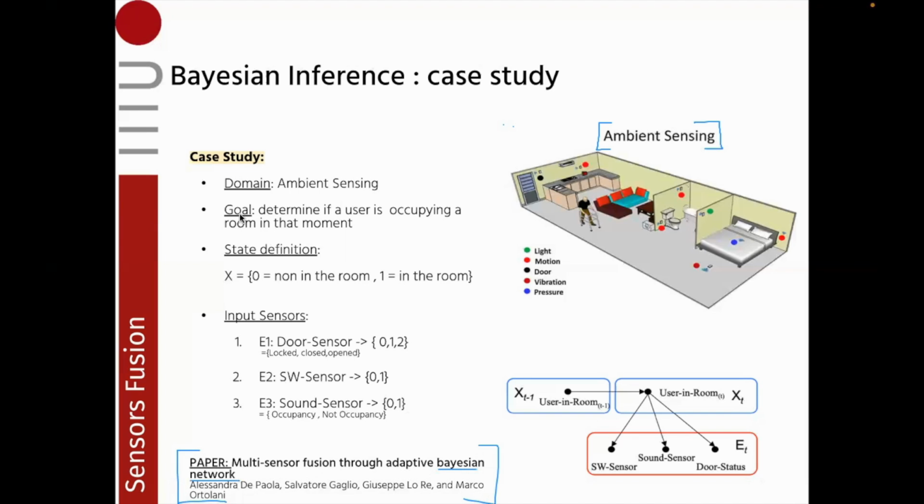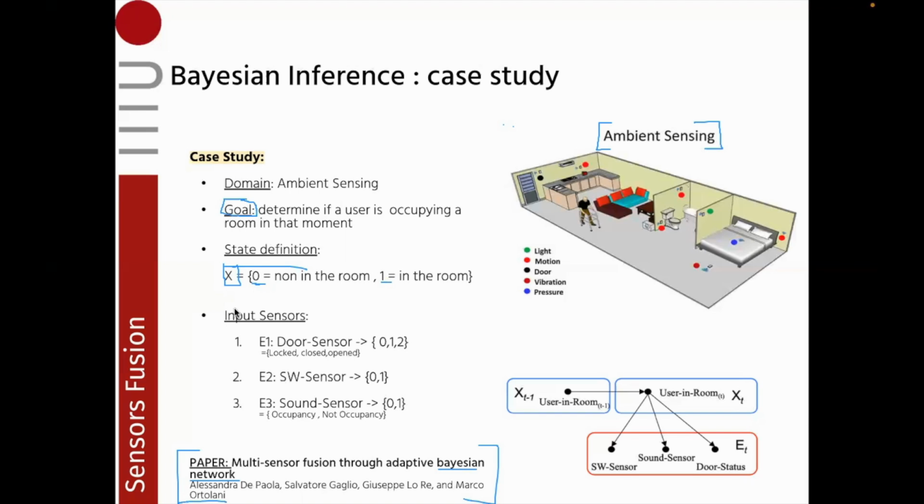The aim of the paper, the goal, is to determine if a user is occupying a room in a given moment. For this reason, this definition of the state is quite trivial, and actually the state X can be 0 if the person, the user, is not in the room, or 1 if the person is in the room.